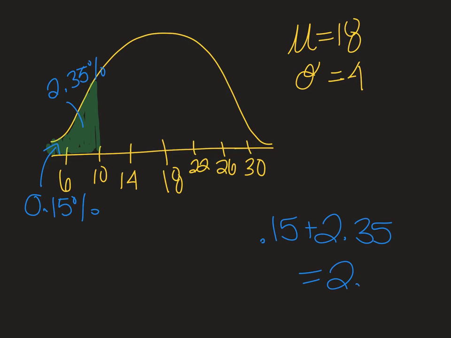And that gives you 2.5%. All of these problems are going to be using that same 68, 95, 99.7 rule. You just have to make sure that you are using the problem's standard deviation and mean given to you.